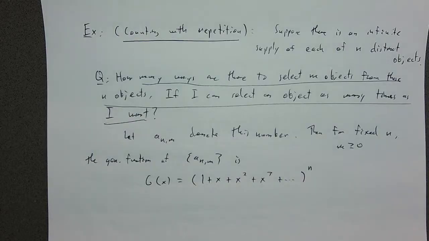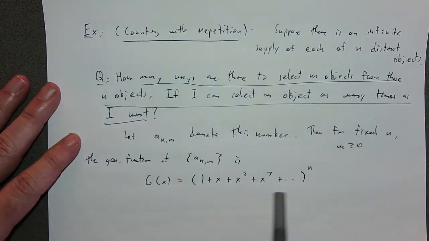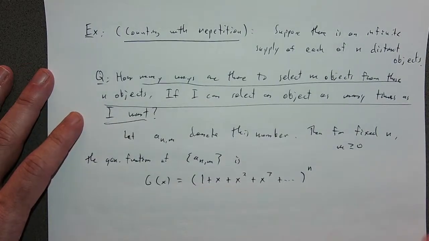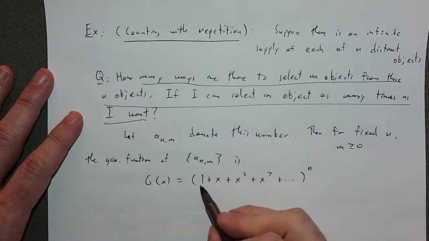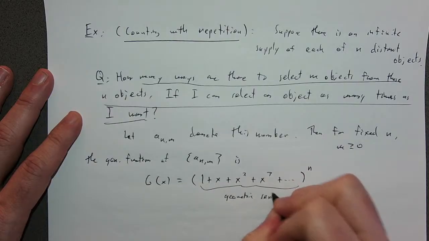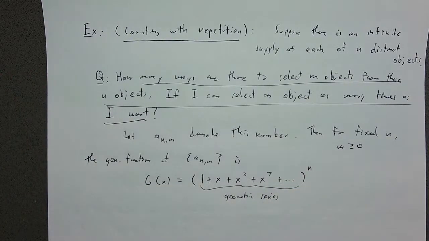So the thing is that what I have written here, however, can be thought of formally. We're not worried about questions of convergence here, even though they do come up sometimes, but we're treating these formally. Here, this is really just the geometric series. And because this is a geometric series, if the absolute value of x is smaller than 1, there is a very nice, very simple closed form expression that just allows you to evaluate that series.